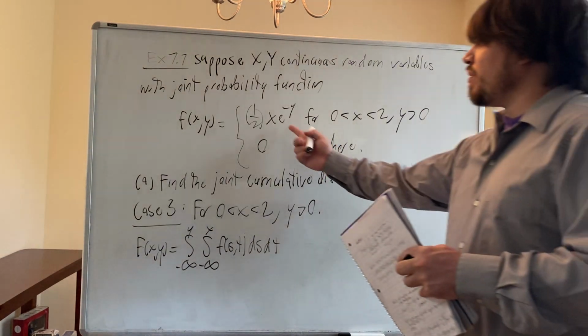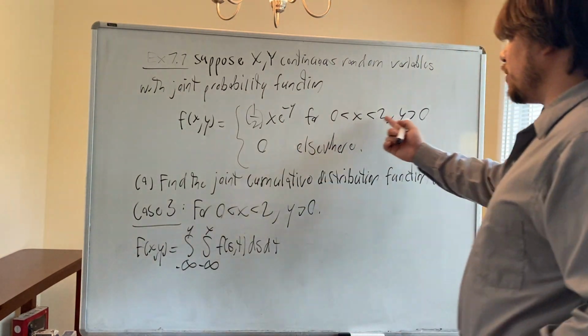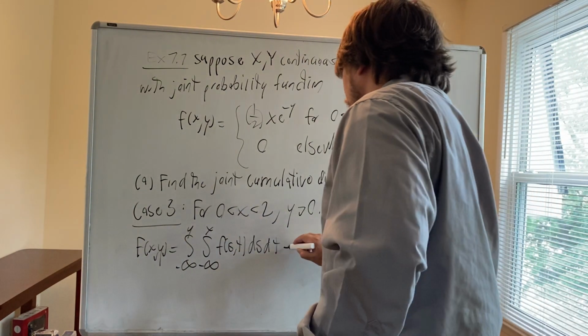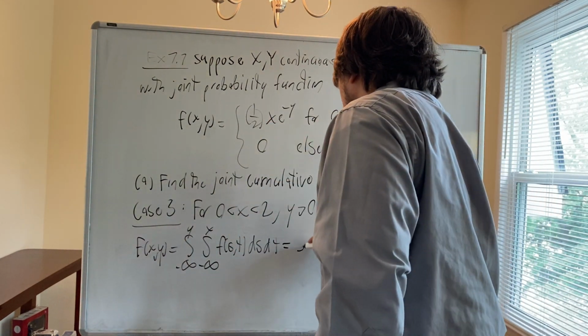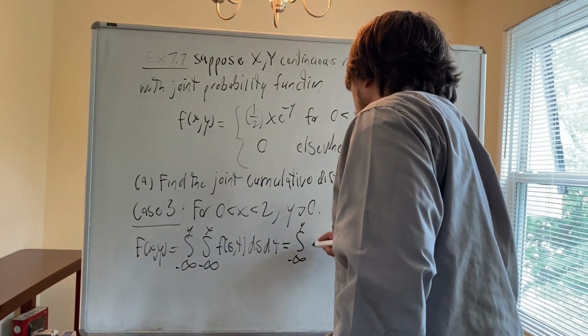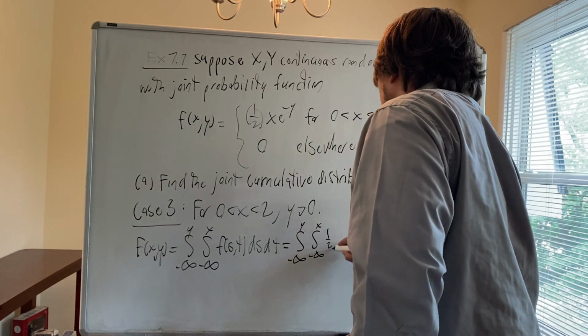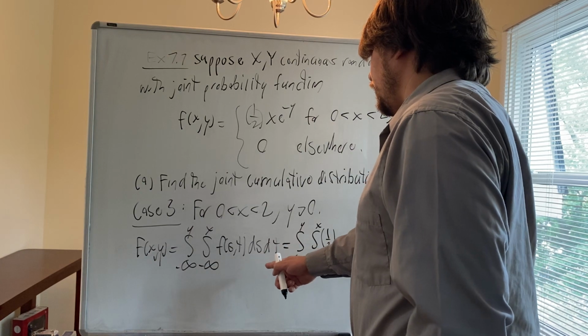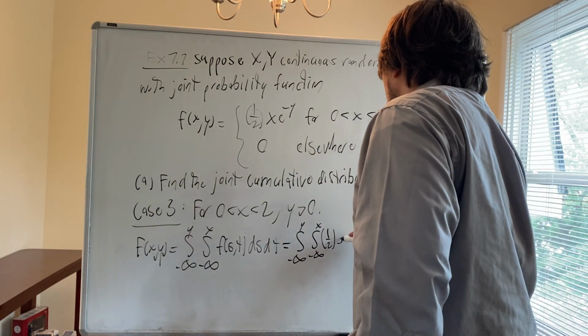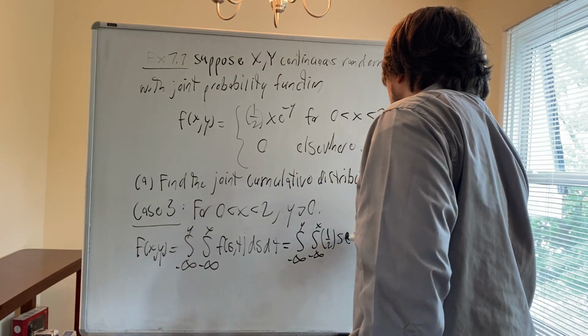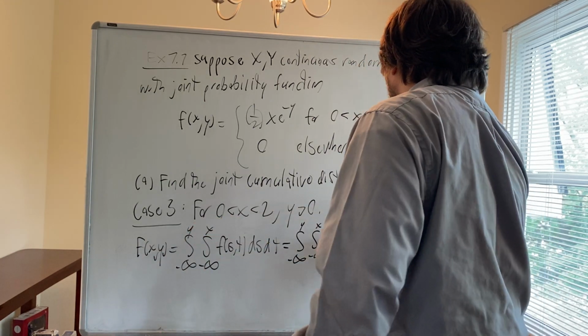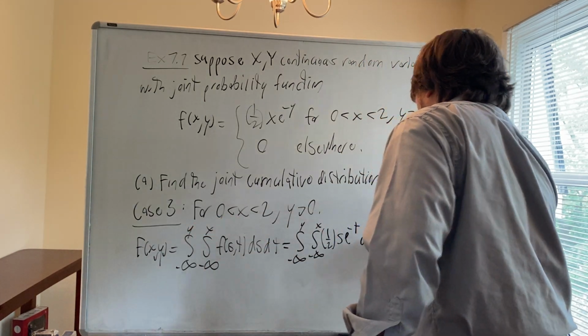Now it's this function here, because x is between 0 and 2 and y is positive. So we're just going to replace that function here. It's the integral from negative infinity to y, integral from negative infinity to x of 1/2 s e to the negative t, where s is the dummy variable for x and t is the dummy variable for y.